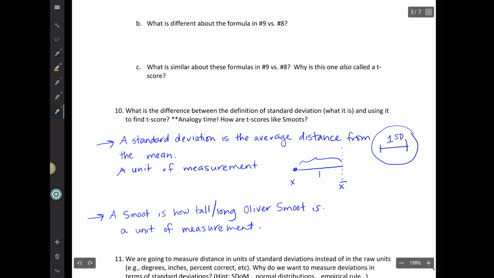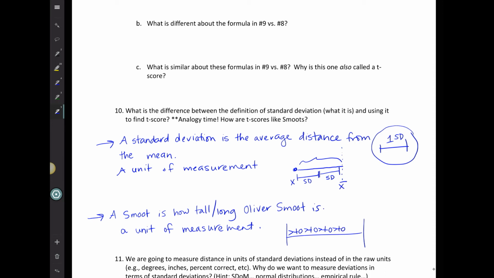Is it one standard deviation? Is it two? Is it three? Is it half of one? Right? We want to know how many standard deviations fit in that space, just like we wanted to know how many smoots will fit on the bridge. Okay, so keep that in mind.